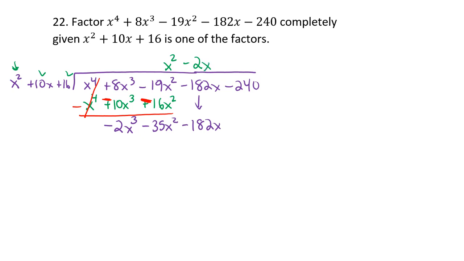Negative 2x. So negative 2x times x squared is negative 2x to the 3rd. Negative 2x times 10 is negative 20x squared. Negative 2x times 16 is negative 32x.